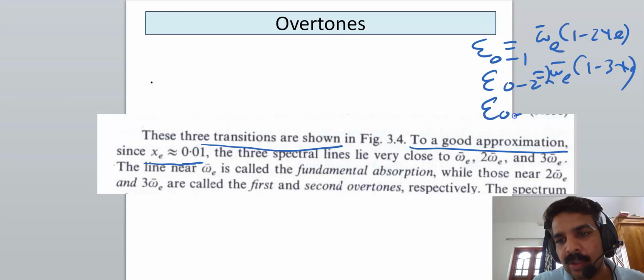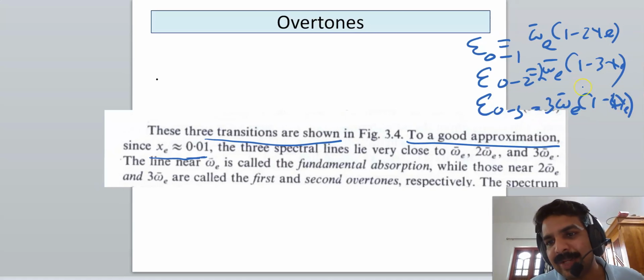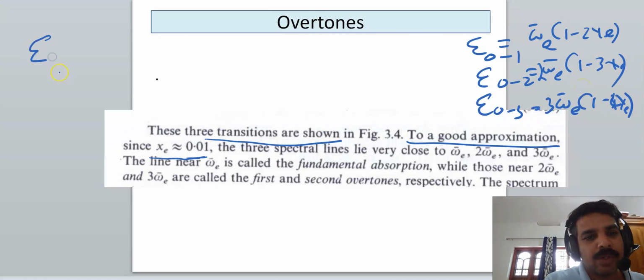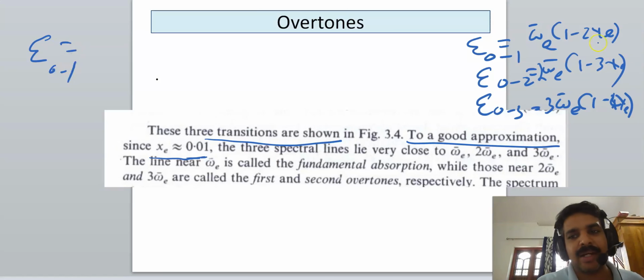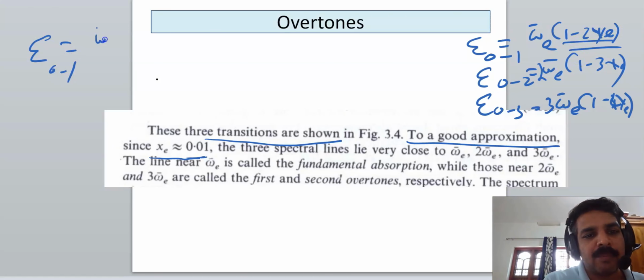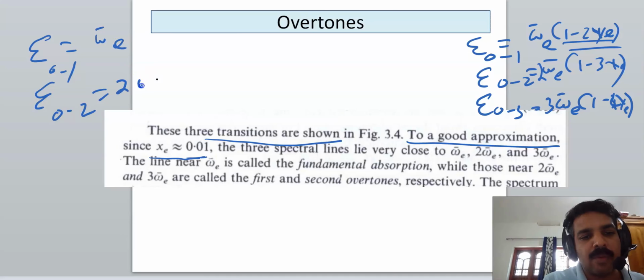And E 0 to 3 is 3ω̄e(1 − 4xe). Since xe is very small, if we neglect the bracket term, we get ω̄e for the fundamental transition, 2ω̄e for the first overtone, and 3ω̄e for the second overtone.